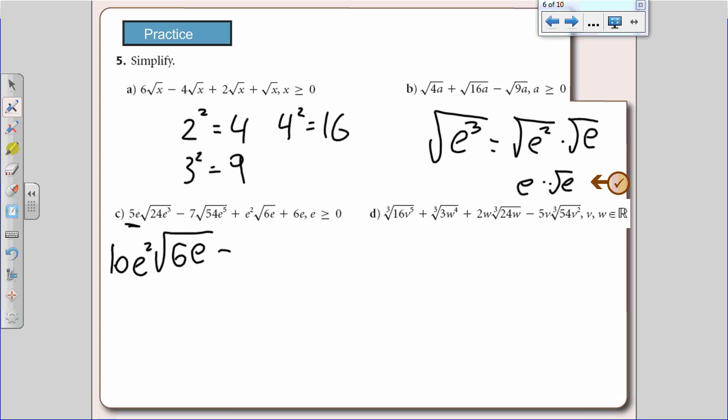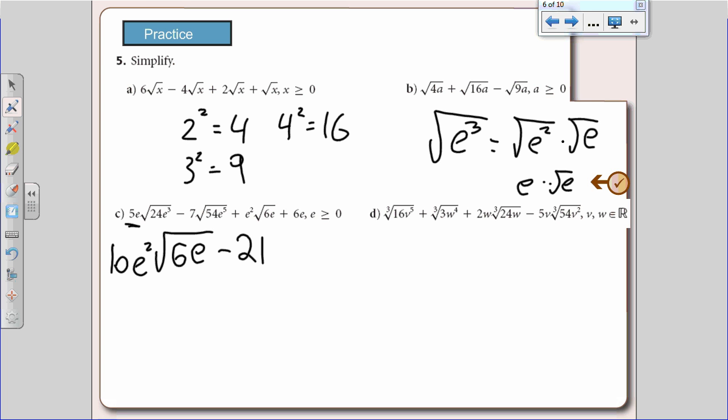If you're looking at that and wondering how he used 7 to get 21, I'll talk you through it one more time. 54, we broke that up into 9 times 6. The square root of 9 is 3, which came to the outside, but there's a 7 on the outside. So 7 times 3 gave you 21 on the outside.